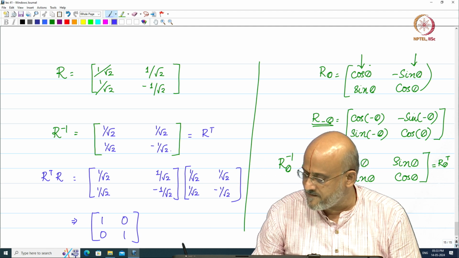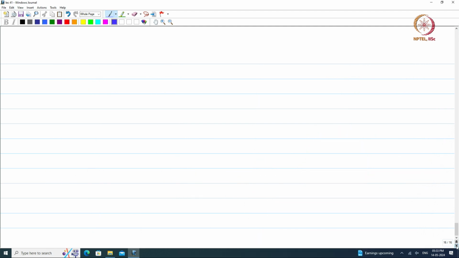So let us make a quick definition of an orthogonal matrix. Once again we will just do a recap of this. You remember we did the orthogonal matrix in the case of QR decomposition.